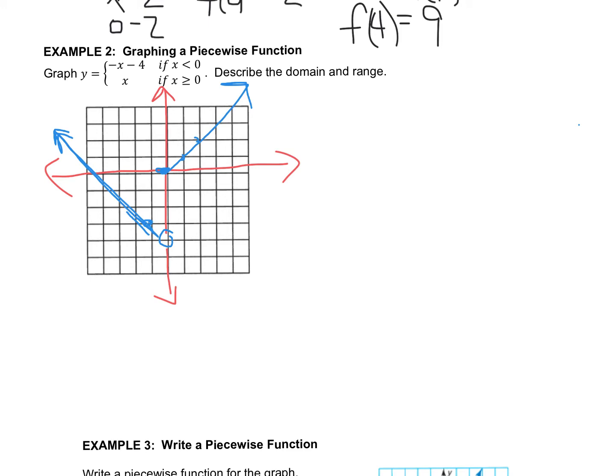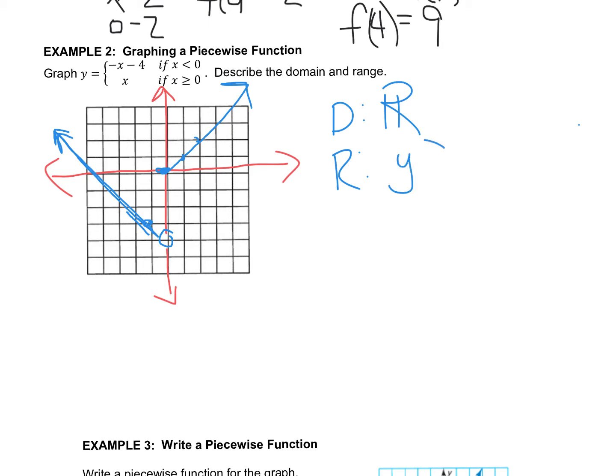Now, to write our domain, we still have all real numbers. We can plug in anything we want. Now, here's where we have to think about our range. So what are the values of y's that we are seeing? Well, because these arrows are both going up, I am definitely seeing things from the -4 up, and I'm seeing them going up forever.